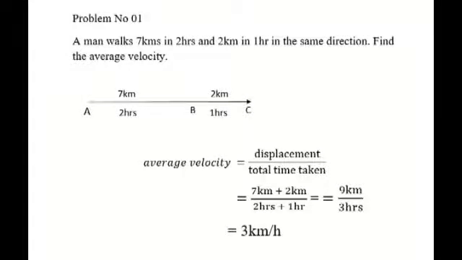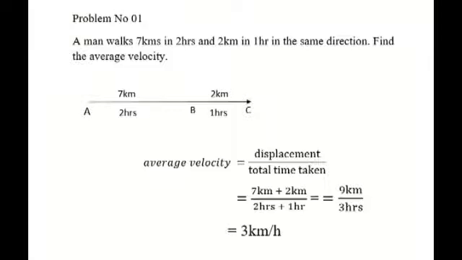A man walks 7 kilometers in 2 hours and 2 kilometers in 1 hour in the same direction. Find the average velocity. Look at the figure here. A man walks 7 kilometers in the first 2 hours, and in the next 1 hour he travels 2 kilometers in the same direction. Therefore, the distances should be added.